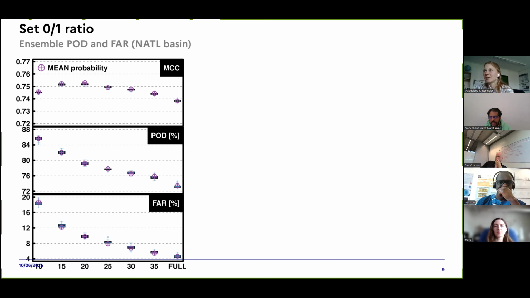So I don't know if it's a problem if your ratio between TC and non-TC changes with climate change when you apply your method to climate model data. Yeah, you know what I mean? Right, I get it. You mean this ratio can evolve with time, and you can imagine that this ratio is different for the future than for today. Yeah, this is the question, right? Yeah, exactly. Okay.